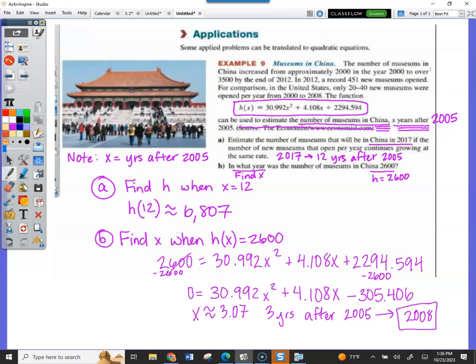Remember in word problems, when you have variables, they're going to give you all but one variable and ask you to solve for it. So we just did a whole section on solving quadratics. Let's go to the next one. This one's short and sweet.